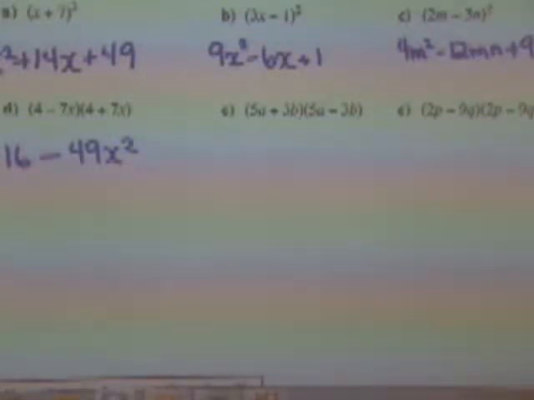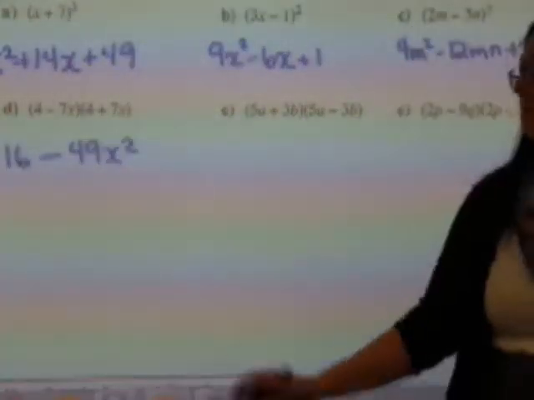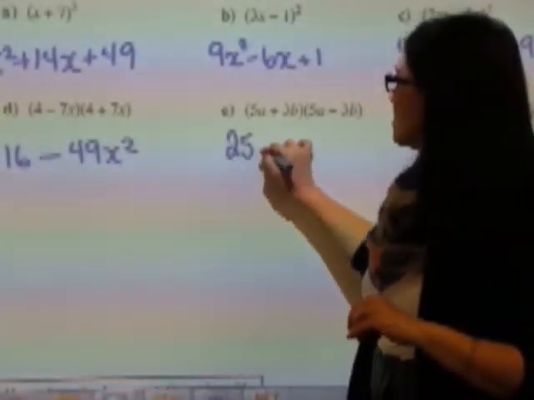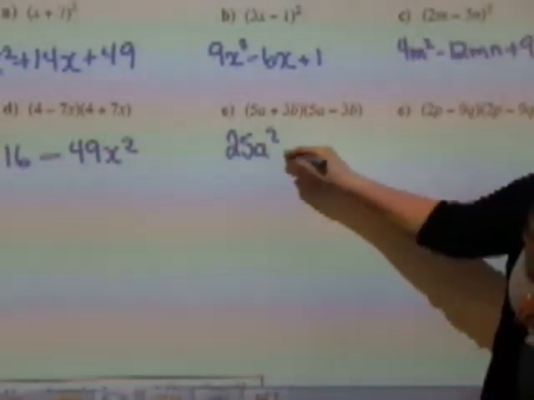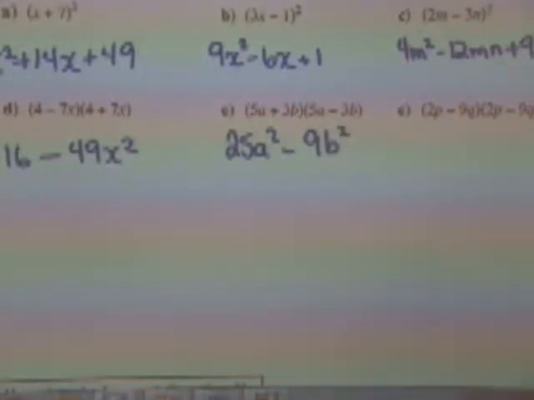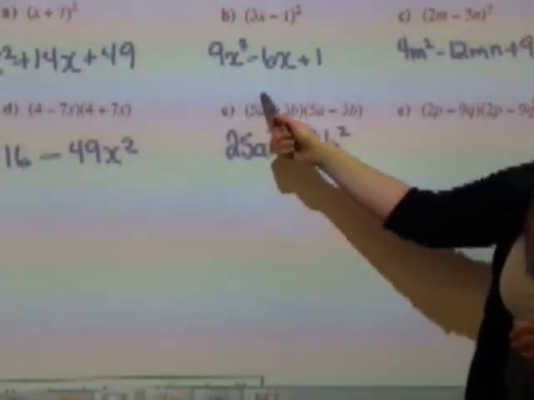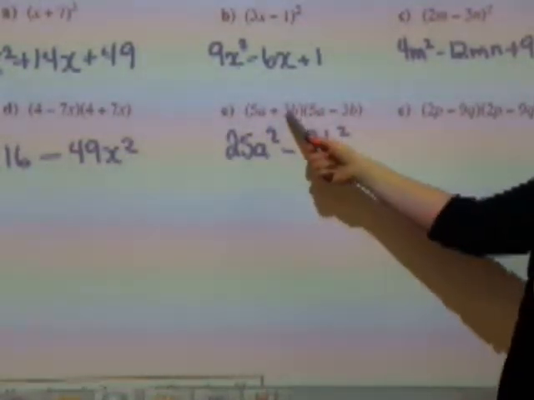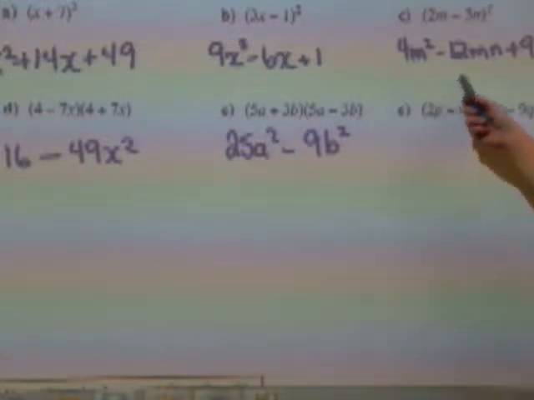So if I do the same thing with E, 5a times 5a, and 3b times 3b, negative 9b squared. Because if I was to use the distributive property in these three questions, 5a times negative 3b would cancel out 3b times 5a. So those two middle terms cancel out all the time. So in this last one, what would I get?